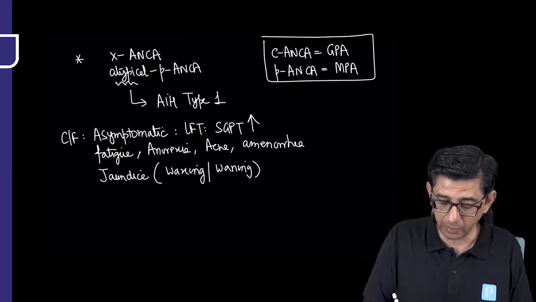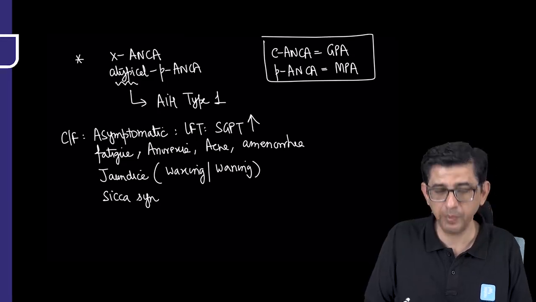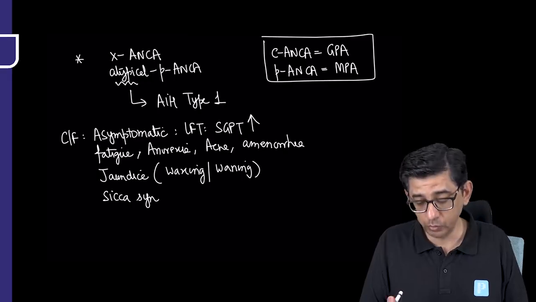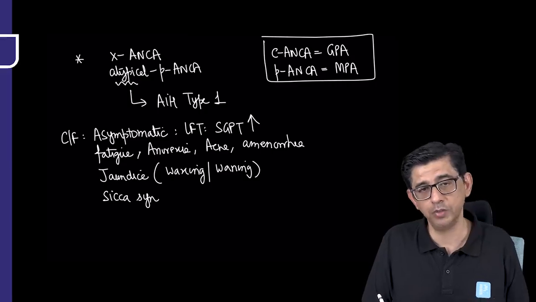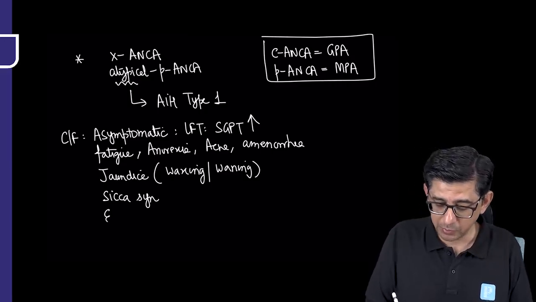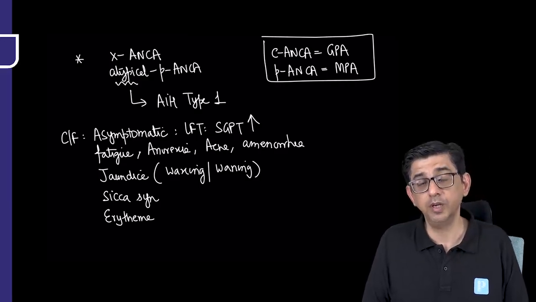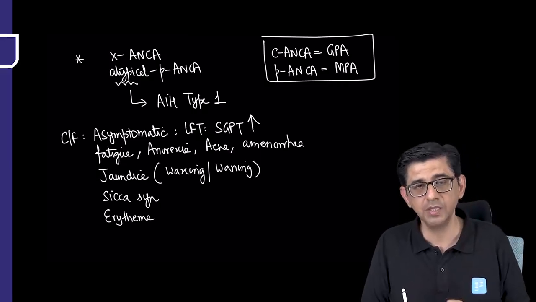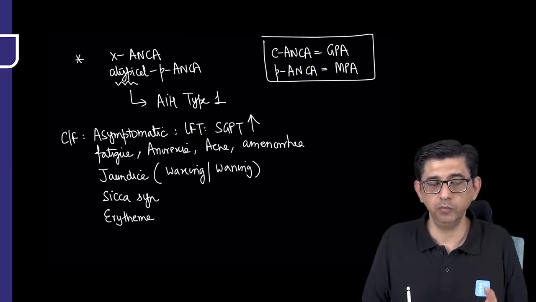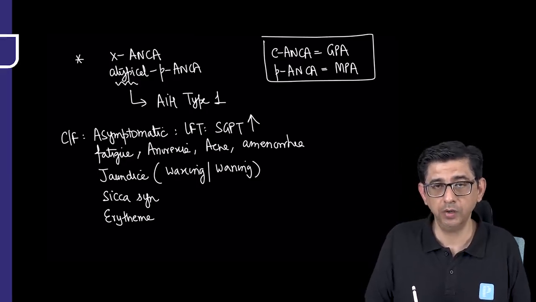But then some additional features is what I'm encountering in a question that could be in the form of maybe dry eyes and dry mouth, that is sicca, because this is an autoimmune condition, so I have to tell you some autoimmune associations present here. So subsequently you will realize that okay, you are not dealing with a case of Gilbert's disease, because Gilbert can also be having a jaundice that might be waxing and waning, especially with excessive strenuous exercise, or if a person would be taking some drugs, some health supplements, that is when Gilbert can contribute to jaundice.